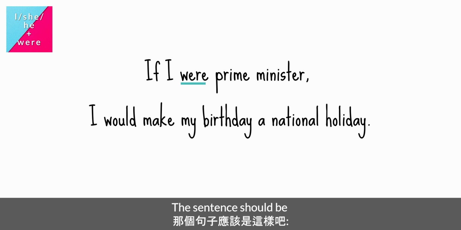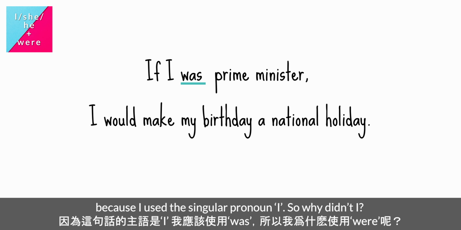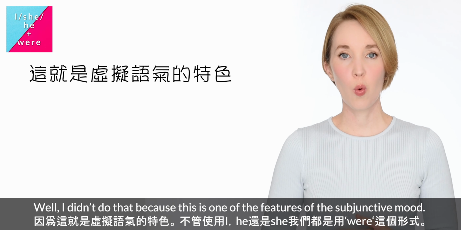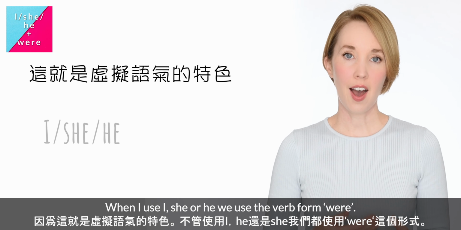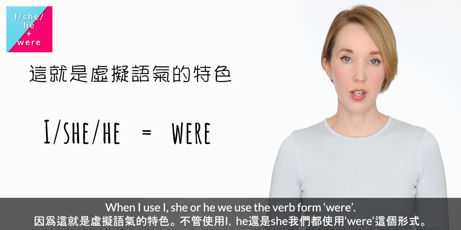The sentence should be, if I was Prime Minister, I would make my birthday a national holiday, because I used the singular pronoun I. So why didn't I? Well, I didn't do that because this is one of the features of the subjunctive mood. When I use I, she, or he, I use the verb form were.